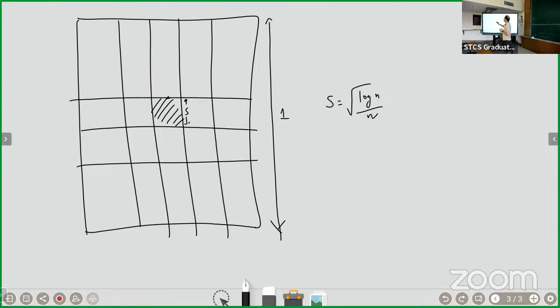This area, what is the rough number of points? Log n points. That's on average, but moreover, the Chernoff bound also tells you that in every such square, there are roughly log n points, not just one of them, with high probability. I can take the union bound and make it.